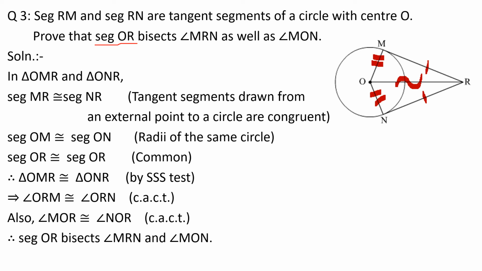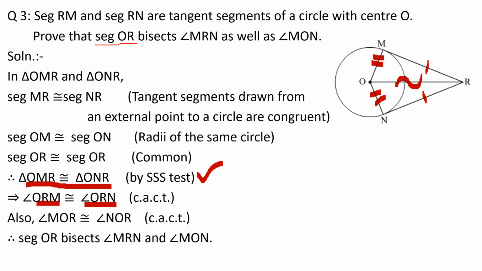So, triangle OMR is congruent to triangle ONR by SSS test. Therefore, angle ORM is congruent to angle ORN, reason CACT. Also, angle MOR is congruent to angle NOR, CACT.